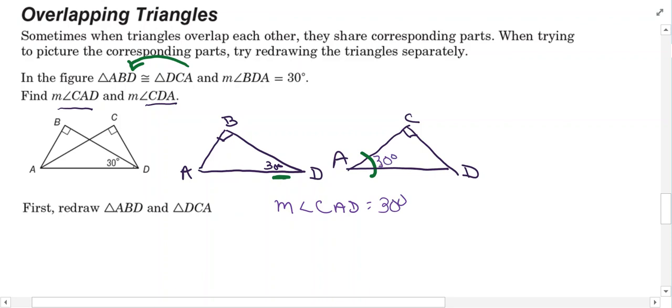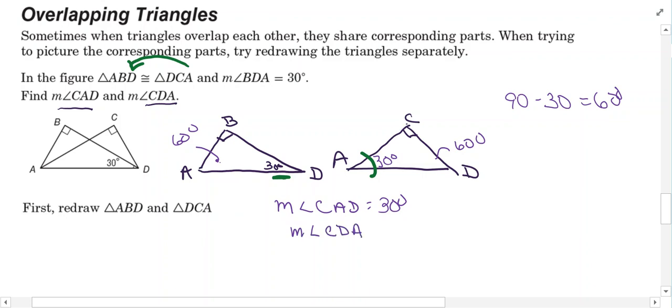Finding the third angle here, I have a 90-degree angle already. So to find the third one right here, I would do 90 minus 30. And that would give me 60 degrees. So these two remaining triangle angles right here in the triangles are 60 degrees. So I wanted to find the measure of angle CDA.